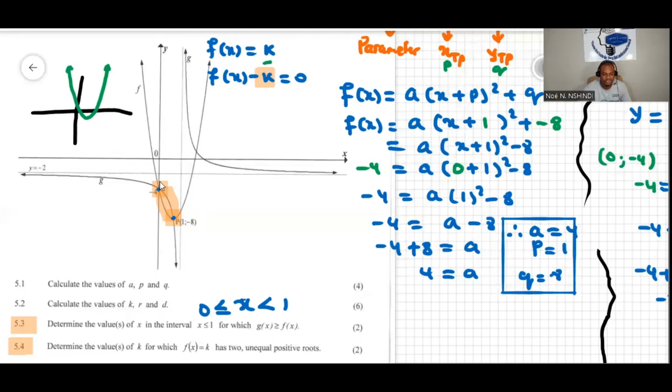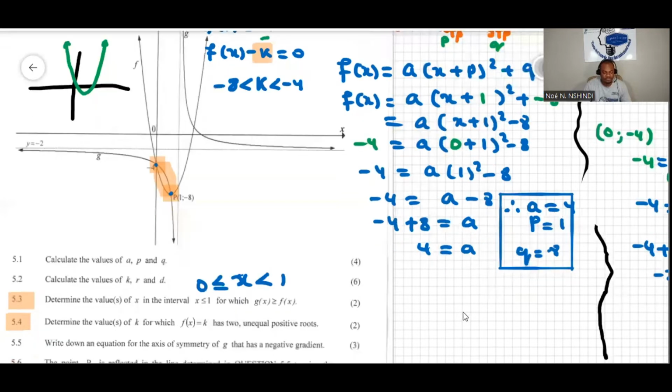And it must be more than this value here. The lowest value is -8, so k must be more than -8 in order to have a vertical shift that will generate 2 positive roots. Okay, and then question 5.5.